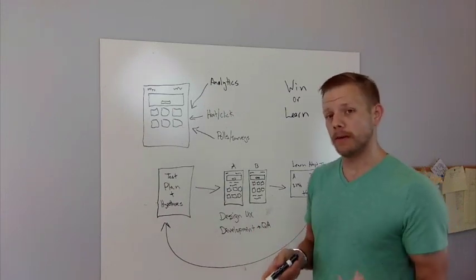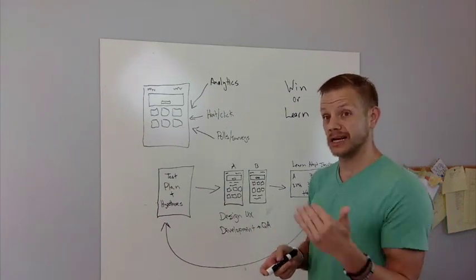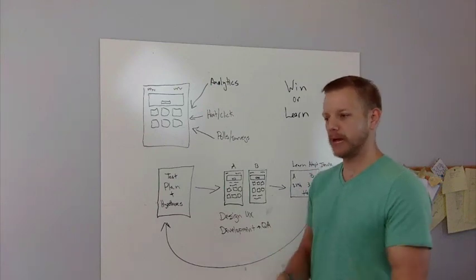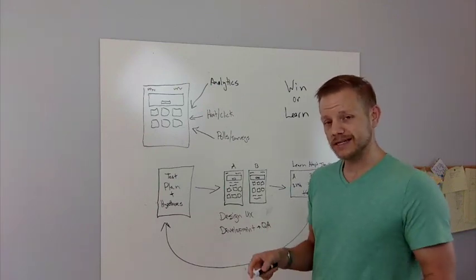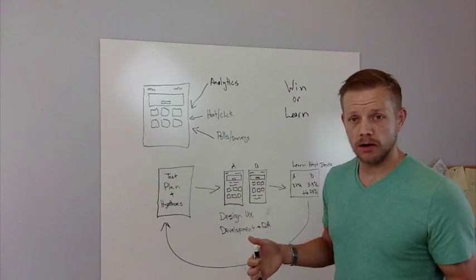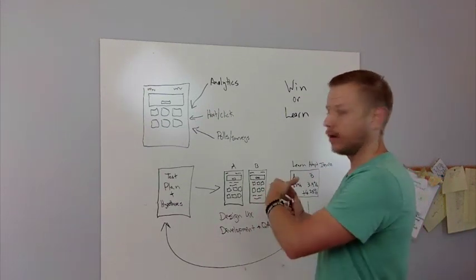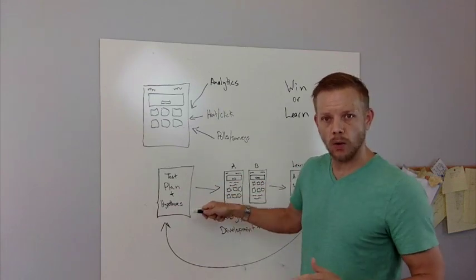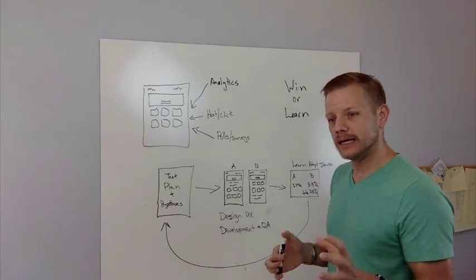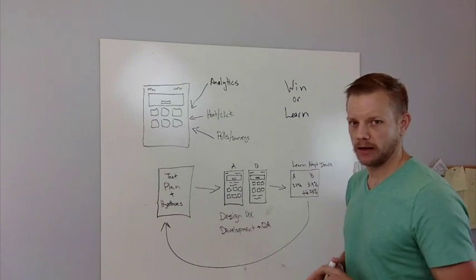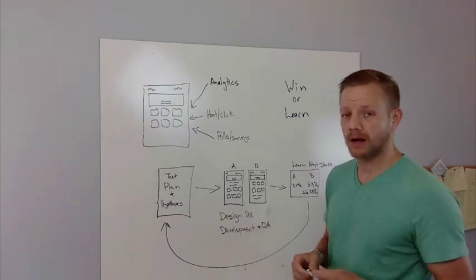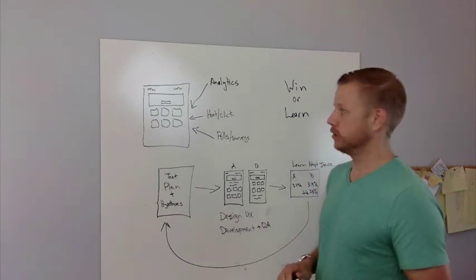So those micro commitments and micro conversions, such as a click-through from a shopping page all the way to viewing the actual product details, then maybe we have an add to cart issue. So now we have to go back and adjust our test plan accordingly. The product detail page needs more click-throughs. We need more people to click on add to cart to push them further down the process to that end goal that we're looking to achieve.